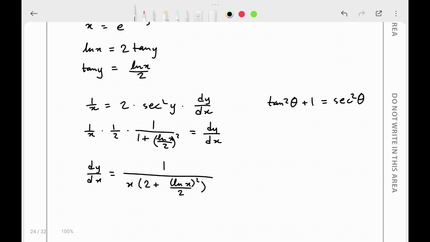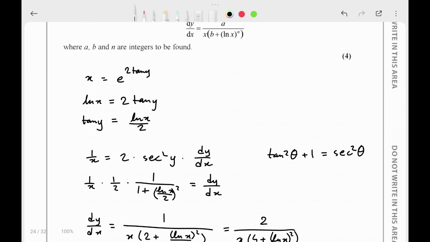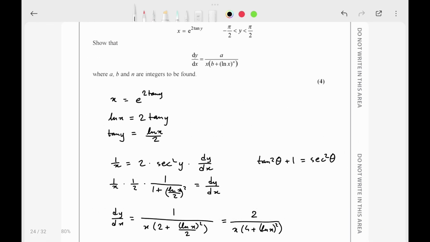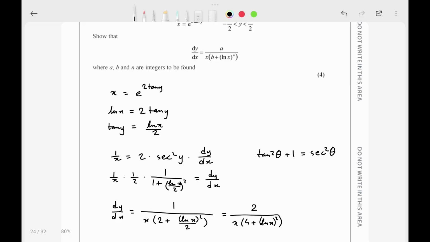So we're going to multiply the numerator and the denominator with 2, which will give us 2 by x times 4 plus ln of x whole squared. And this is consistent with the format that they gave us. So a is equal to 2, b is equal to 4, and n is also equal to 2.